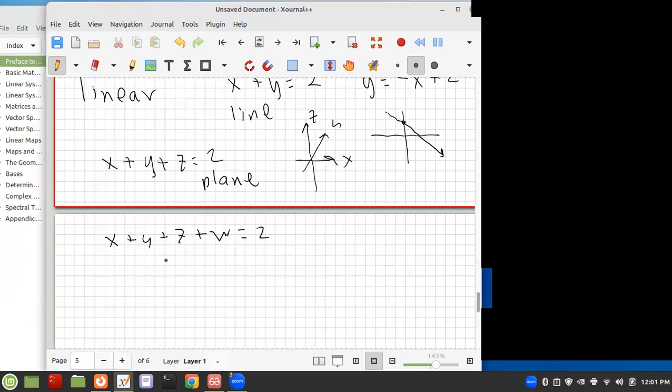Now the crucial thing is, in some sense, the line and the plane are flat; they don't curve. And it turns out the same is true in this case. The solution set here is going to be a 3-space inside a 4-space, which is impossible to visualize. But we call it a hyperplane.